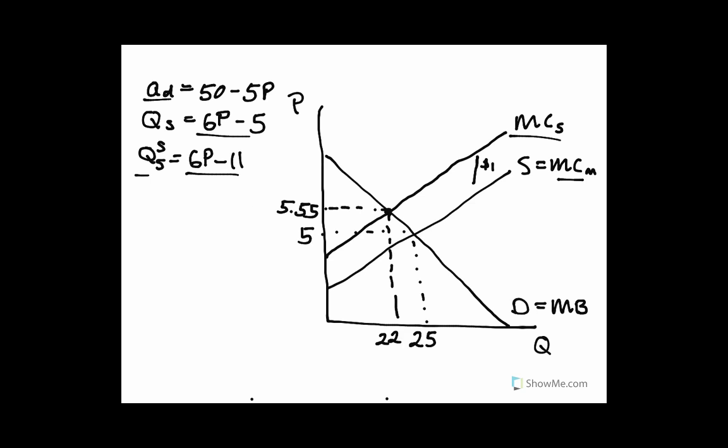If the firm saw this true cost of 5.55, or this true marginal cost curve, rather, they wouldn't be producing back here. So they overproduced when that negative externality wasn't compensated for.